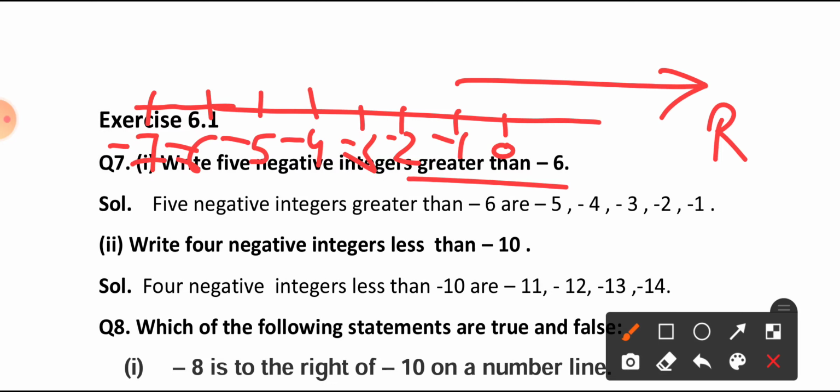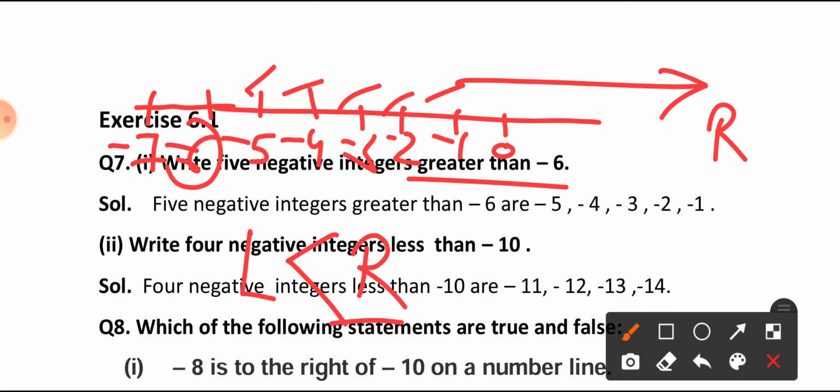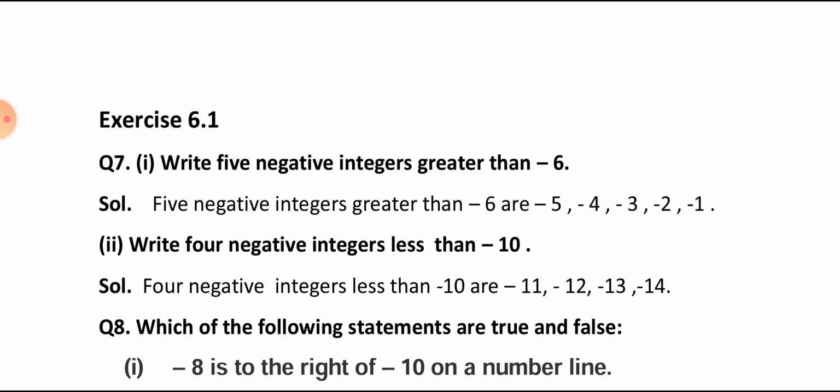So the integers which are greater than minus 6 are minus 5, minus 4, minus 3, minus 2, minus 1. As we know, the right hand side integers are always greater than the left hand side, and minus 6 is on the left hand side. So the right hand integers are minus 5, minus 4, minus 3, minus 2 and minus 1, and these are the 5 integers which are greater than minus 6.